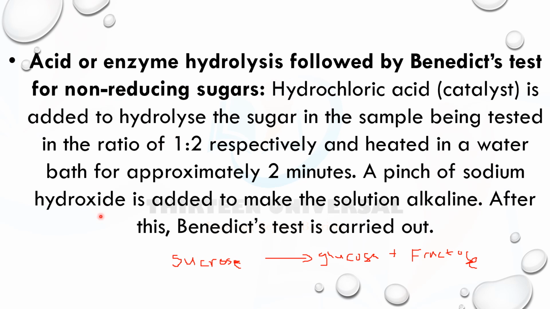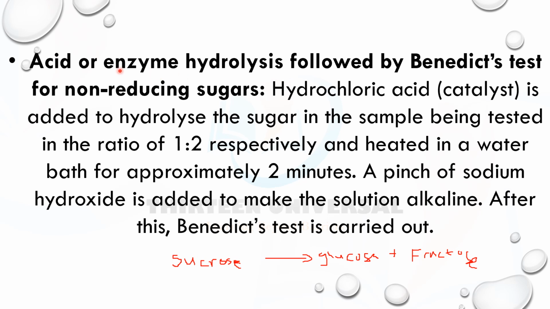They will change from blue to either green, yellow, orange or brick red, if they are present. So to be sure that non-reducing sugar is not present, carry out tests for reducing sugar, and if the result is negative, then you go ahead to do this.